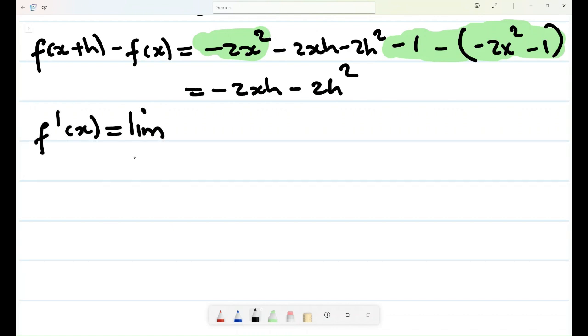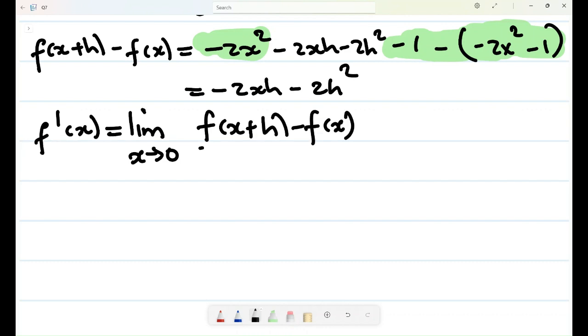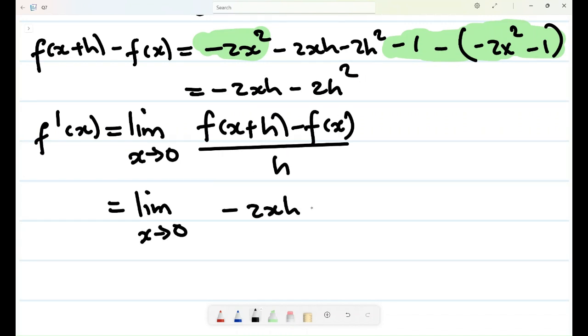It is the limit as h approaches 0 of f of x plus h minus f of x, all divided by h. You continue with this limit until the final step where you substitute. But I know what f of x plus h minus f of x is. It is this part I just calculated here. Okay, so this makes your life easier rather than substituting here and making mistakes.